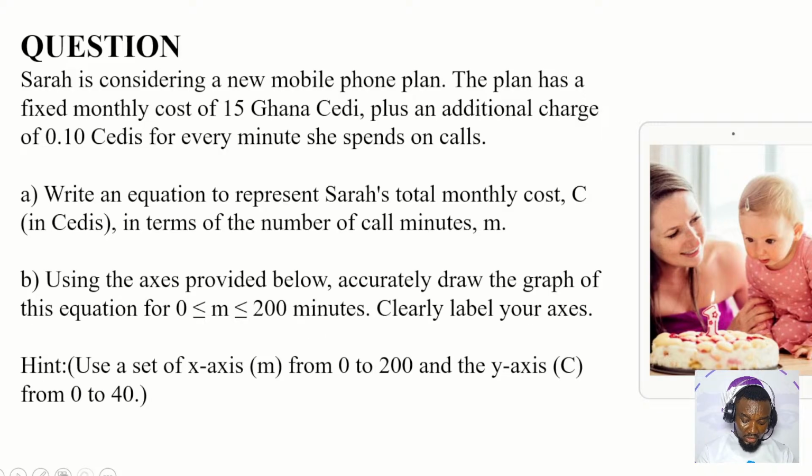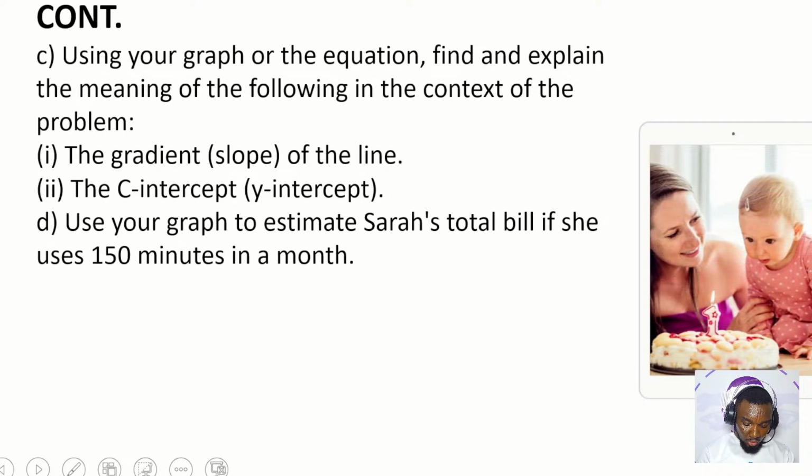Now we want to draw the graph. So now we will look at the subsequent questions that are associated with it. After doing that, you are asked to actually use your graph to find and explain the meaning. Sometimes you are asked to draw a graph, but this time the importance here is that we want to explain the meaning.